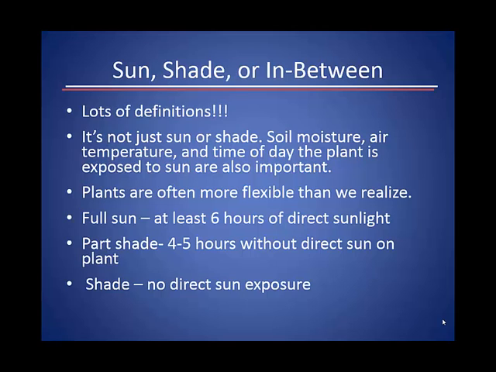Part shade is 4 to 5 hours of sun, but it's usually dappled light, not direct, blazing sun bearing down on something all day. And then shade would really be just no direct sunlight, maybe a dabble or two of sunshine hits it as the wind blows, but in general it does not get direct sun at all.